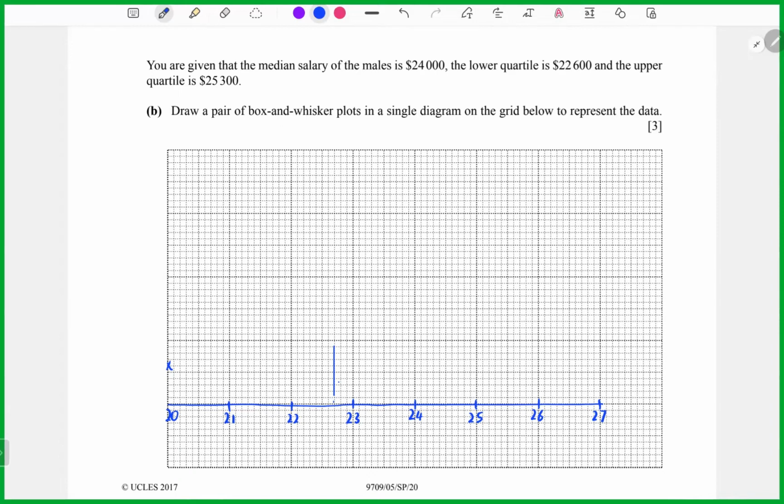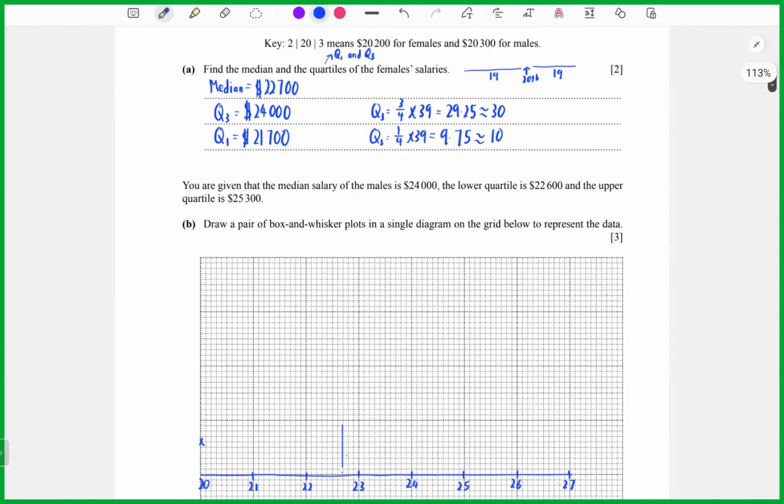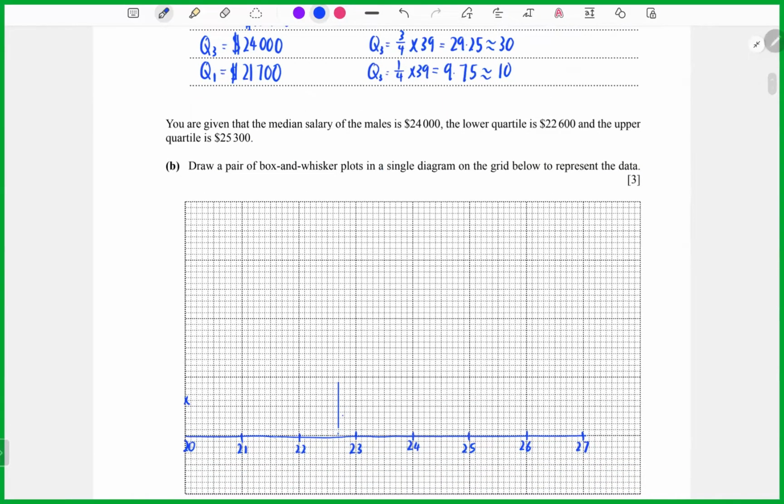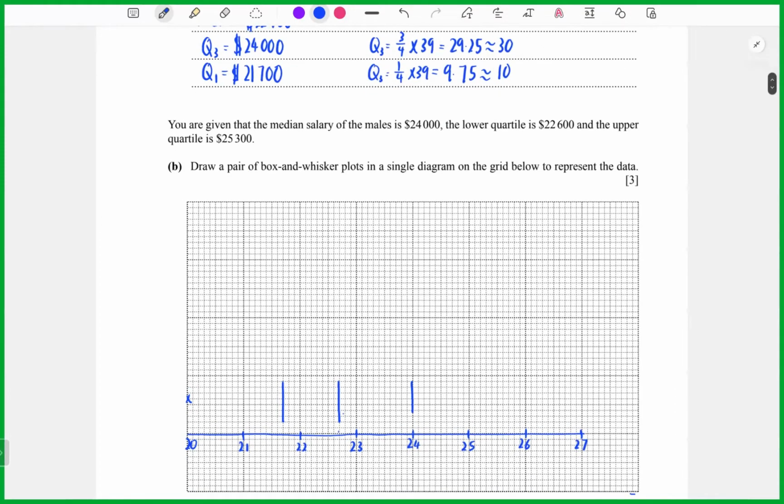Now we look at the lower quartile, Q1, which is 21,700. The upper quartile, 24,000, is easy, it is here. Now we need to complete the box, or close the box.